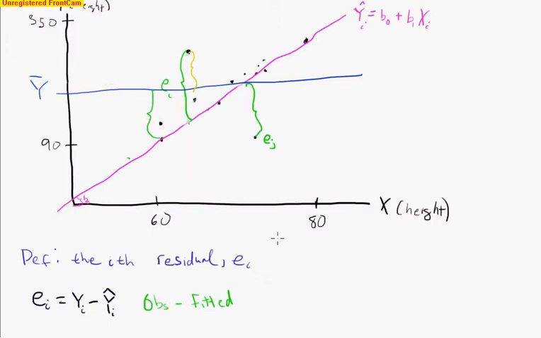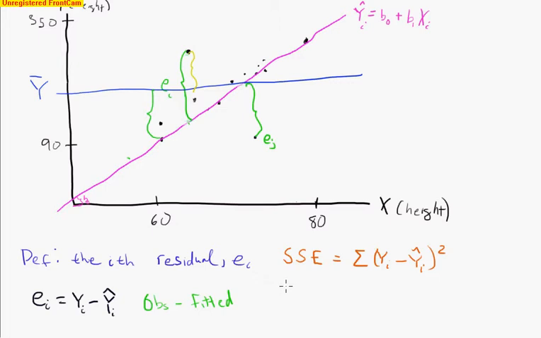Number one, we call this the sum of squares of error, which is the sum of the e_i squared. So SSE, sum of squares of error, which is the sum from i equals 1 to n of (y_i minus y_i hat) squared. This is what we call the SSE.